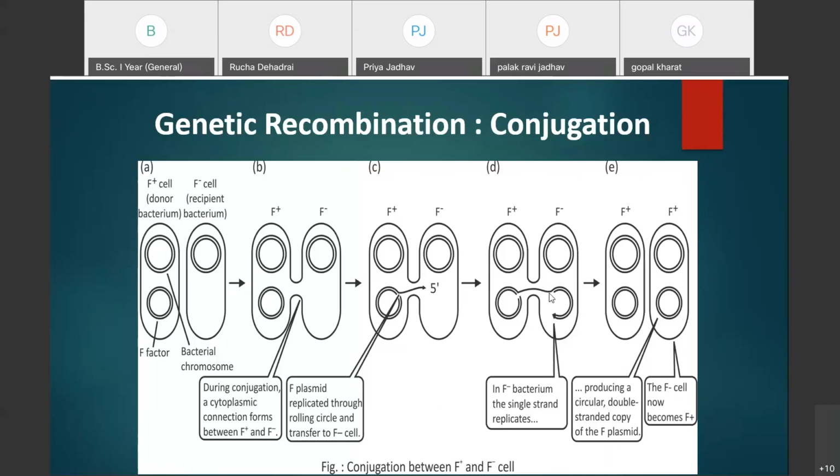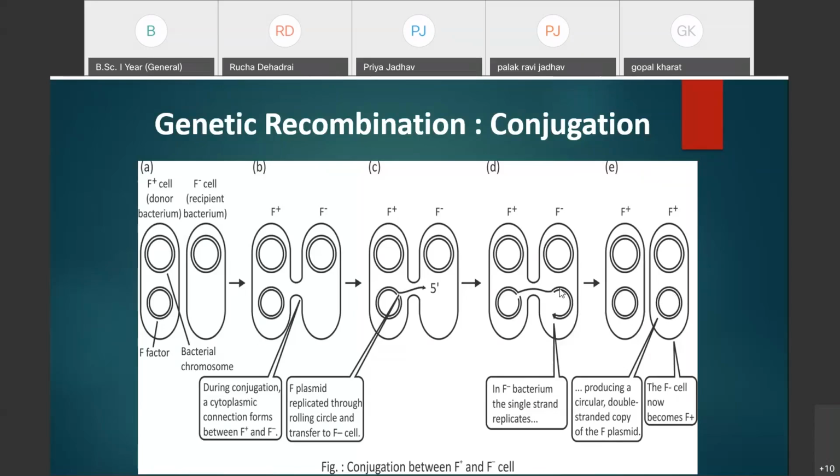Immediate copying of the template strand in the donor cell in the 5 prime to 3 prime direction takes place. And ultimately, later on, you can see it will restore its double stranded nature, and it will assume the closed circular form.